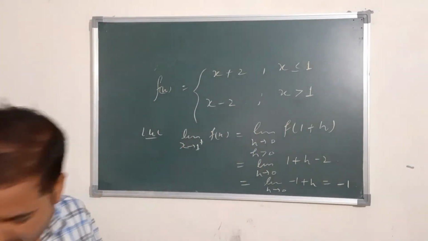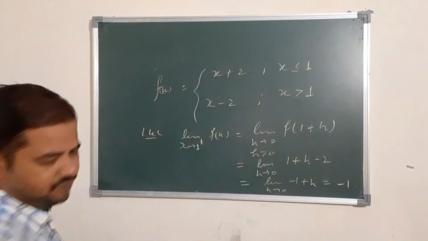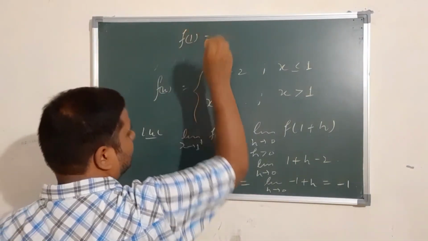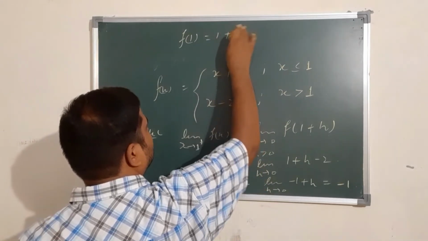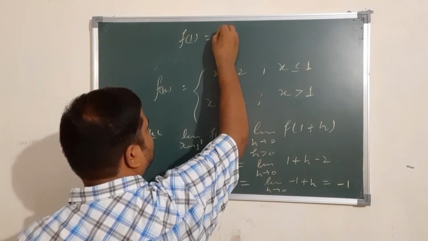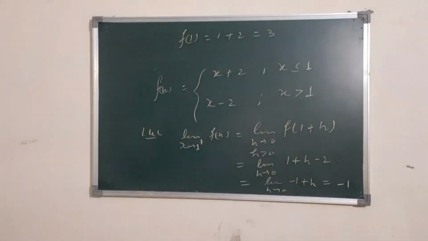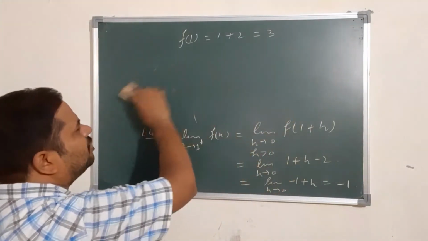We also find the value of the function, that means f(1). f(1) is nothing but, at x = 1, the function is x + 2, that is 1 + 2, this is 3.